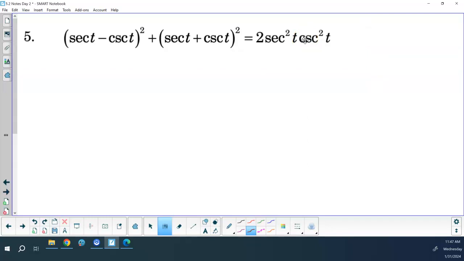If you ended at 2 over sine squared plus 2 over cosine squared, it should have been times, not plus. No, it should just be 2. There should just be one 2, because it's just 2 times secant squared times cosecant squared.